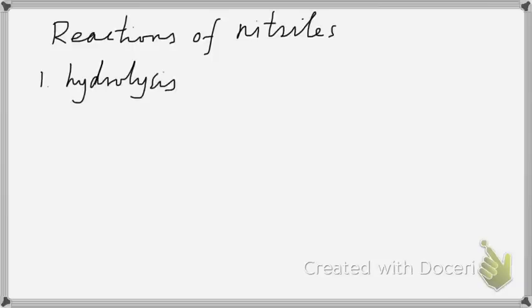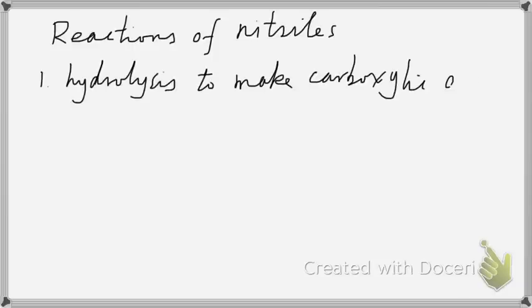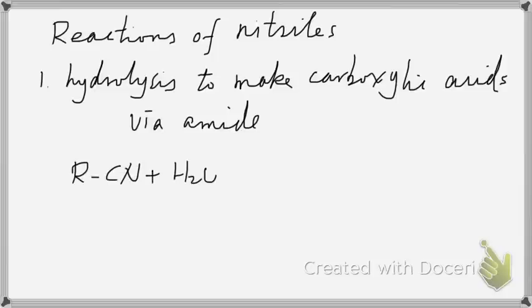The reactions of nitrile. First, nitriles can be hydrolyzed to carboxylic acids via amides. That means when we hydrolyze a nitrile, it will first give an amide as an intermediate.